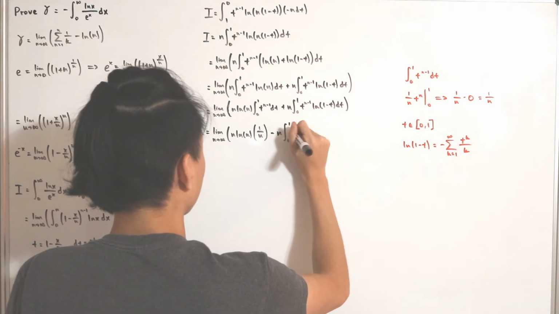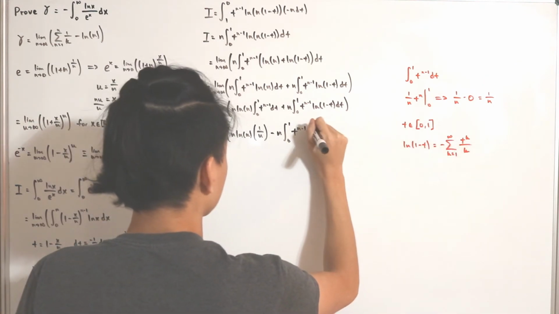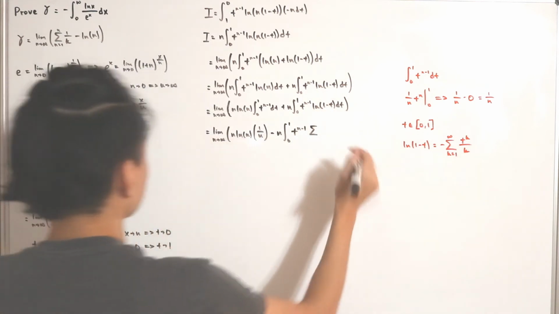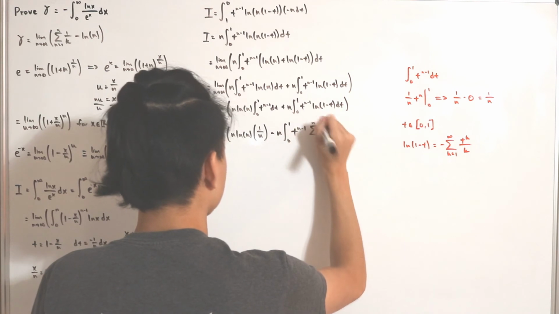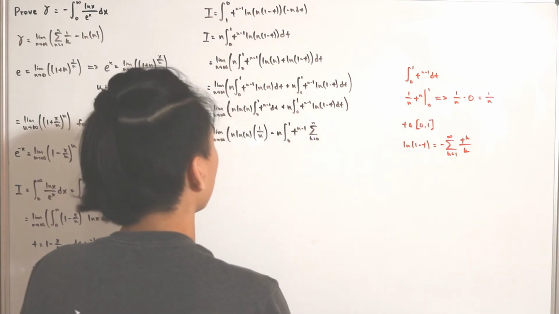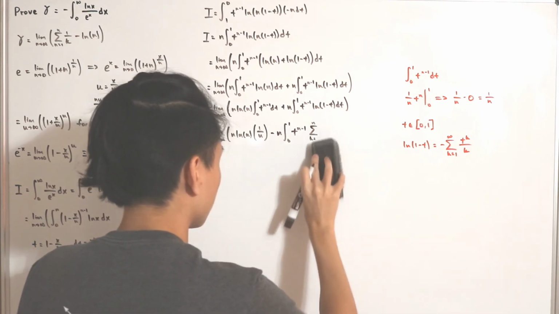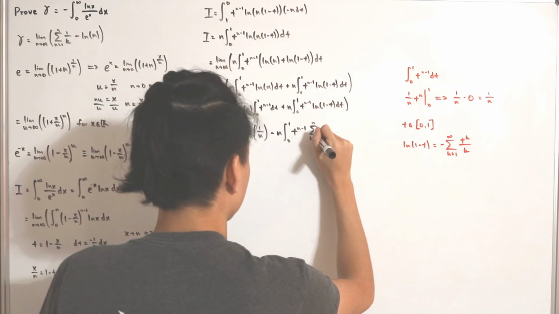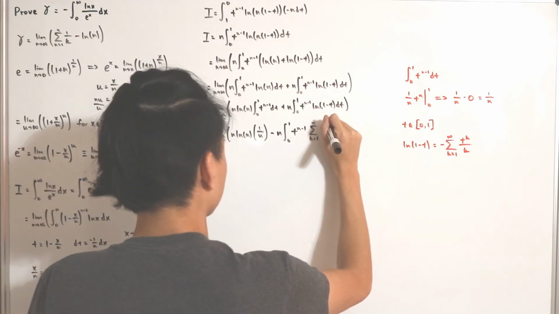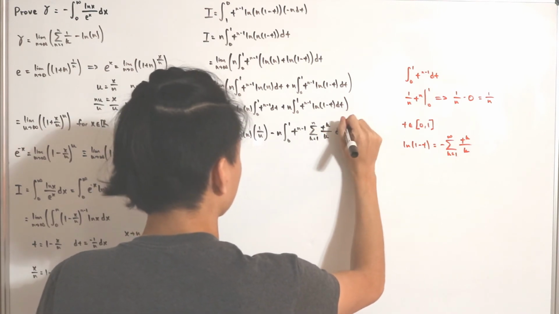From 0 to 1 of t to the n minus 1, multiplied with our summation. Now we have the limit as n approaches infinity, so our upper index has to be n, and k is equal to 1, not 0. It's supposed to be 1. Of t to the power k divided by k, dt.